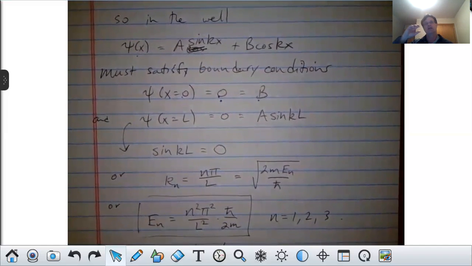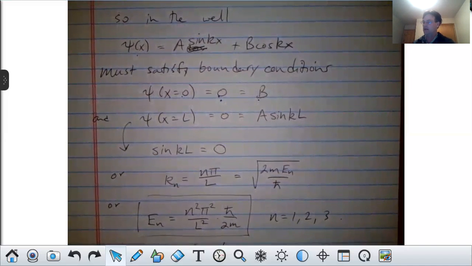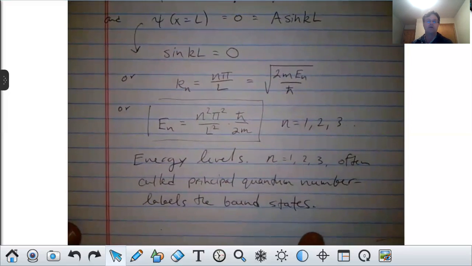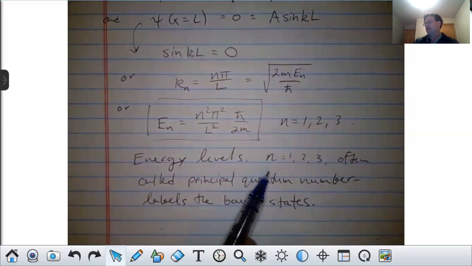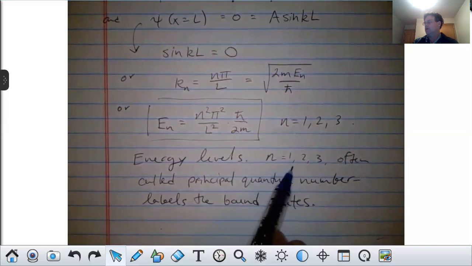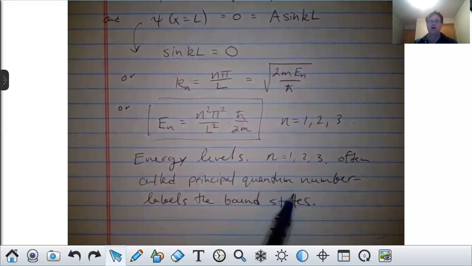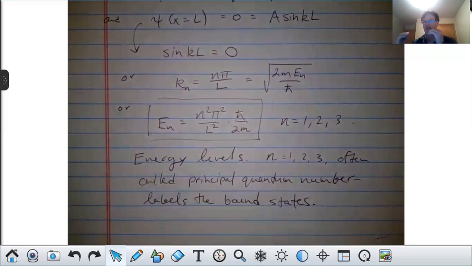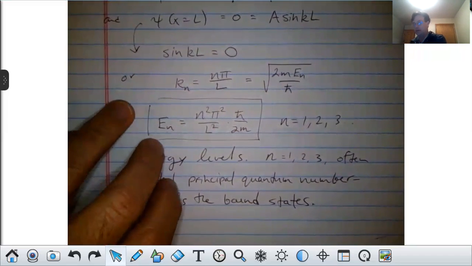So you have a set of discrete states with certain energy levels, and then you also have what's called a continuum, continuous energies when the electron is above 0 energy and can move freely away. So the energy levels are labeled by this number n, 1, 2, 3, often called the principal quantum number. It tells me the energy of the level, and it labels the bound states of this one-dimensional well.